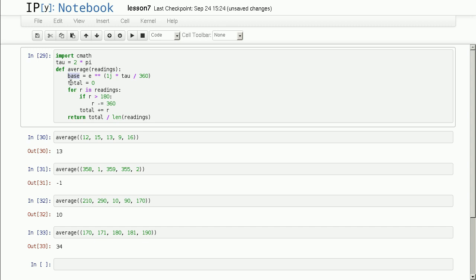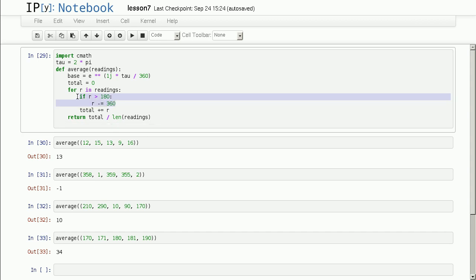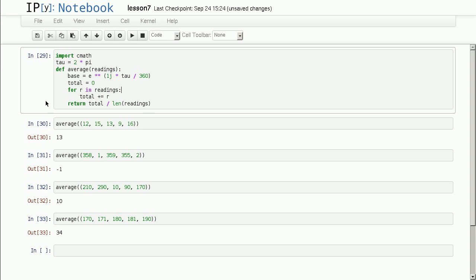So I'm going to take the same method and start with total, and I'm going to take a simple average, but now the average is going to be of these complex numbers instead of being an average of degree measure. I'm going to not do this trick that didn't work. And instead of adding up r, I'm going to add up base to the r.